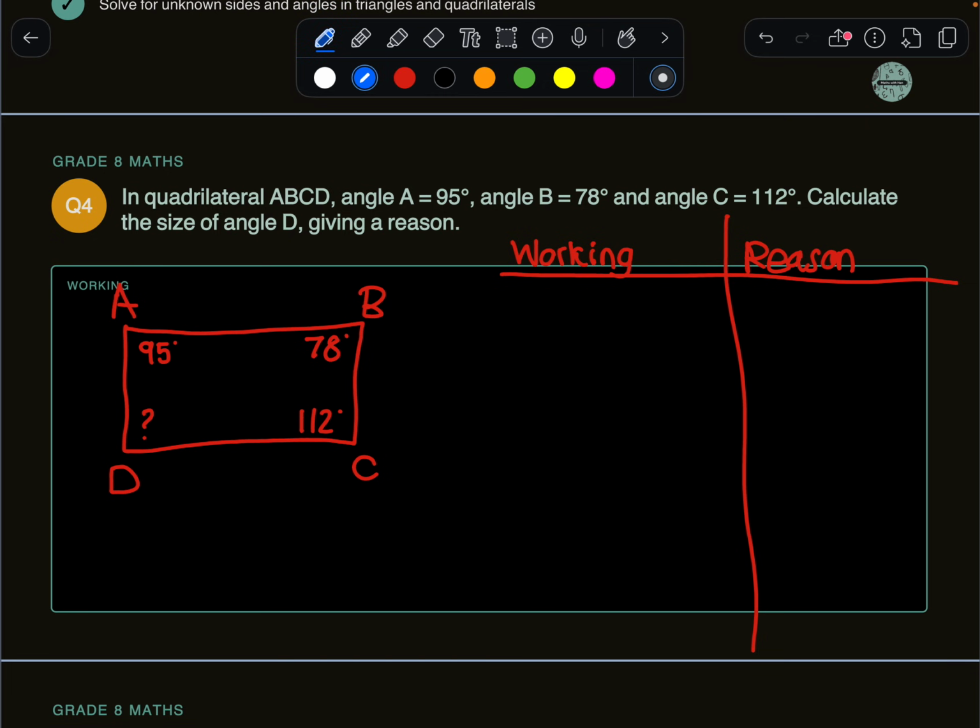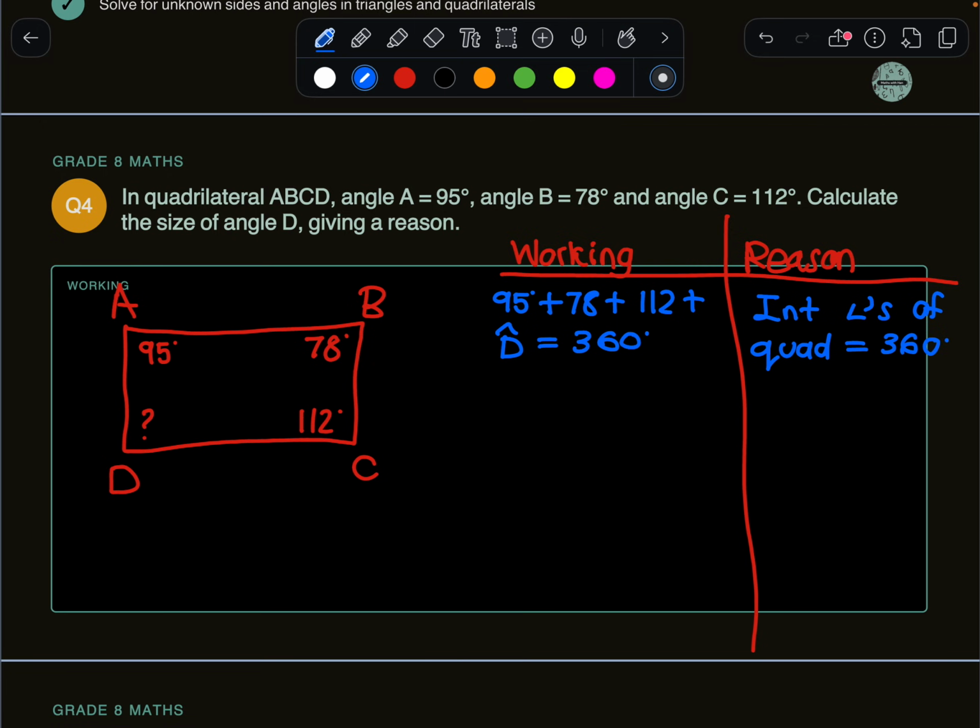Okay, so what we are going to say is that 95 degrees plus 78 degrees plus 112 degrees plus angle D is equal to 360 degrees. The reason is the interior angles of a quadrilateral add up to 360 degrees, always. So it doesn't matter what the quadrilateral looks like. If it's a quadrilateral, this is true.